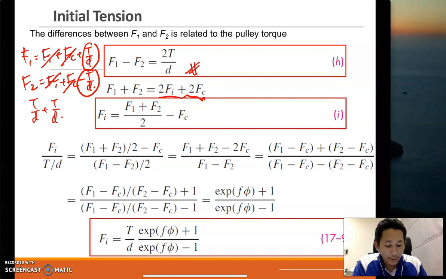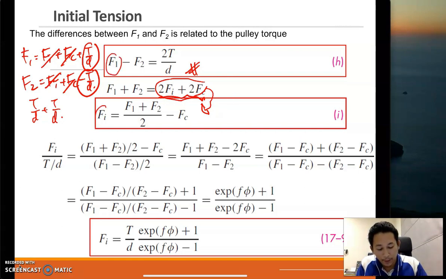So Fi equals F1 plus F2 divided by 2 minus Fc.